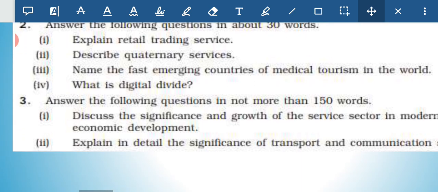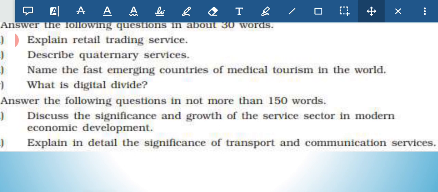Next it is, discuss the significance and the growth of the service sector in modern economic development. What is the question? Modern economic development.